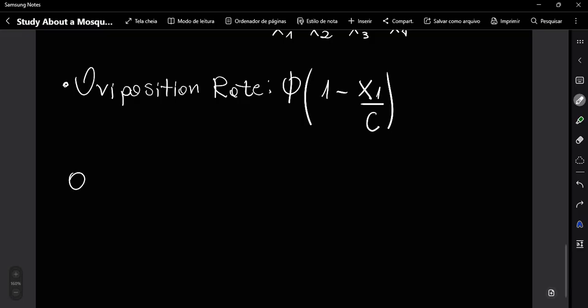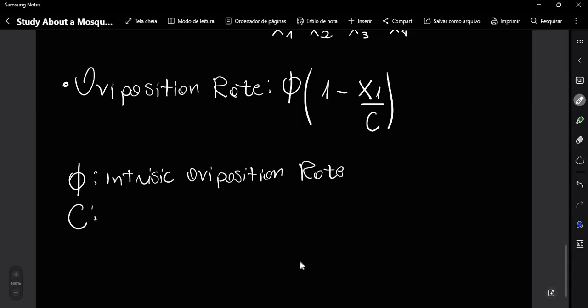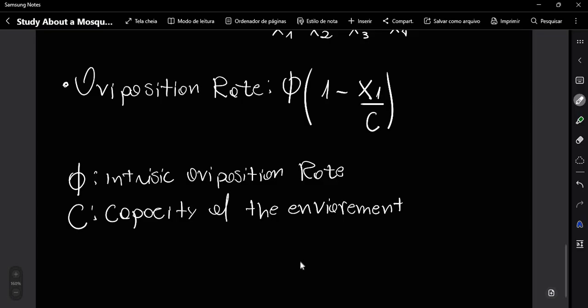And this phi is the intrinsic oviposition rate, and C is the capacity of the environment, related to the availability of food.